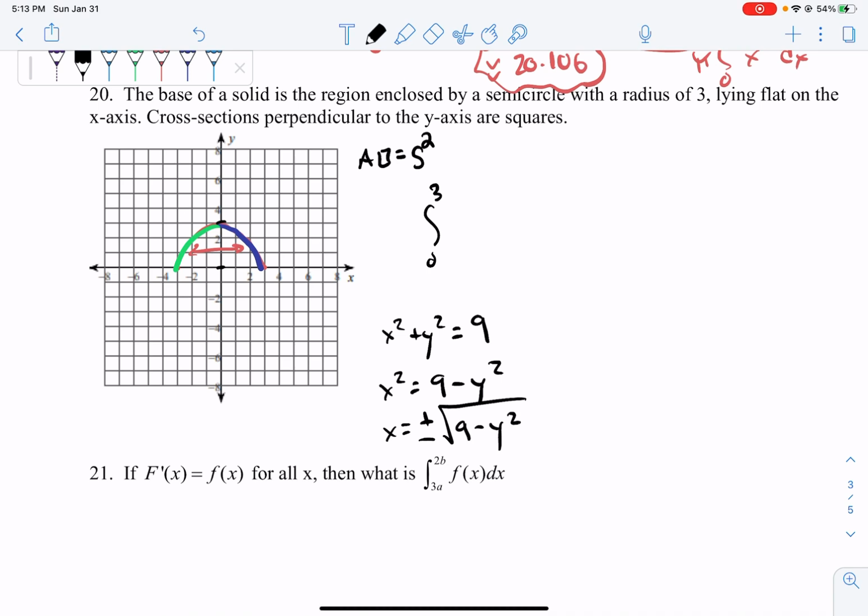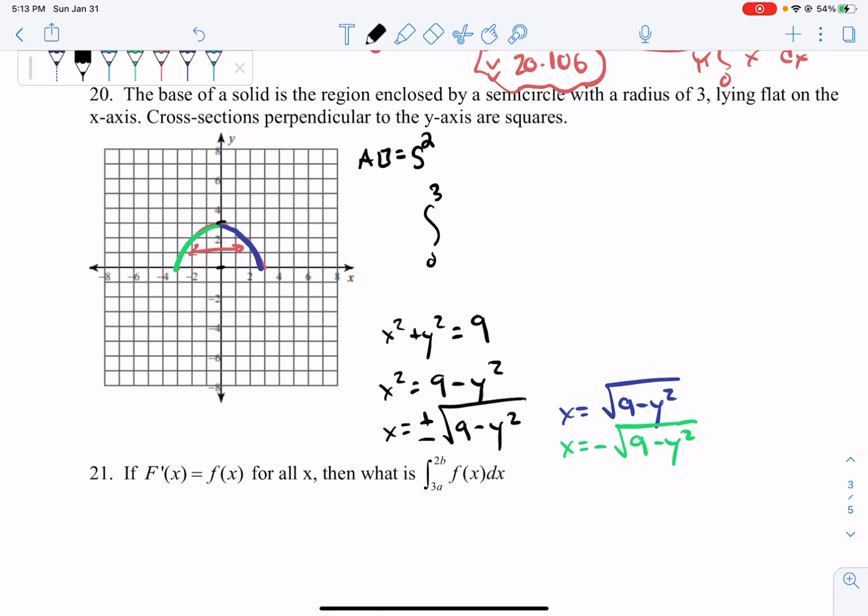Now, the right-hand side is going to be x equals the positive root of 9 minus y squared. The left-hand side is going to be x equals the negative root of 9 minus y squared. So my top curve and bottom curve come from the same formula, but one of them is the positive version, the other one is the negative version. So be careful of that.